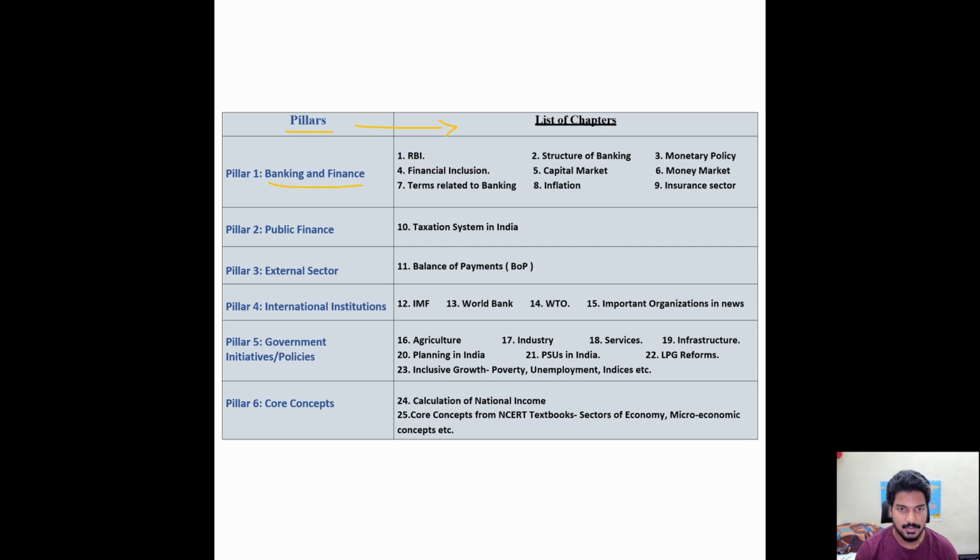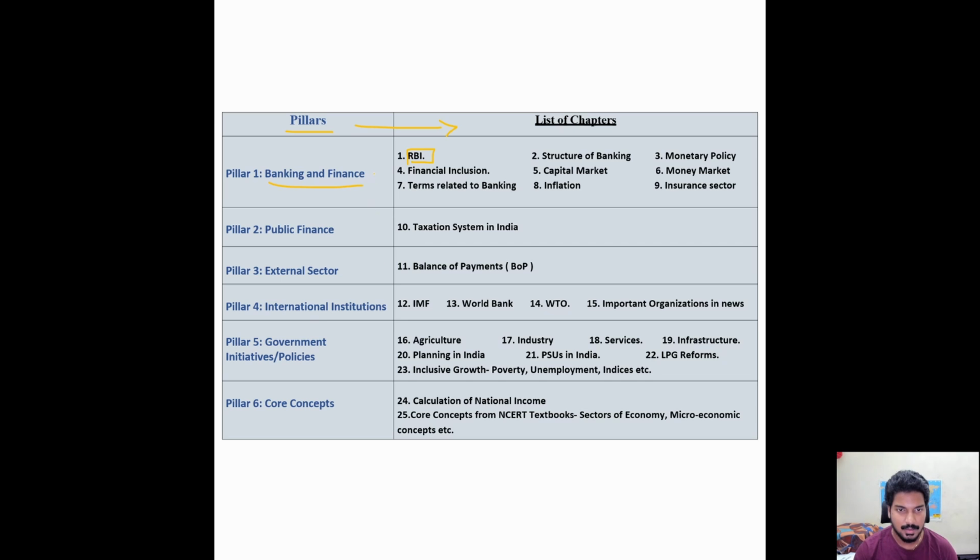Under banking and finance we have RBI, then structure of banking, monetary policy, financial inclusion, capital market, money market, terms related to banking, inflation and insurance sectors. Just like banking and finance, we have other pillars in economy like public finance, external sector, international institutions, government's initiatives and policies, and core concepts. So parallelly, we also have the chapters which come under those pillars. We will be covering all those pillars one by one in the upcoming videos.